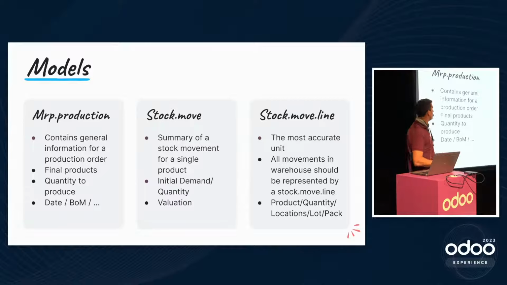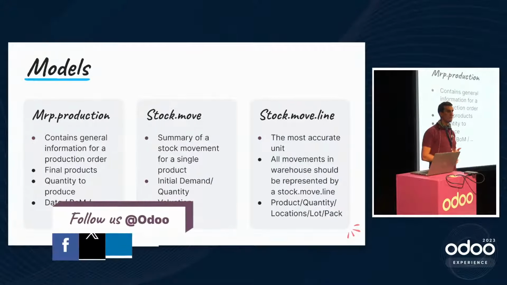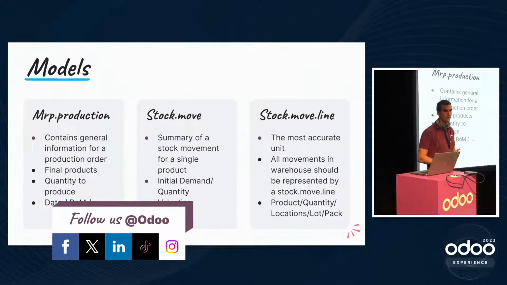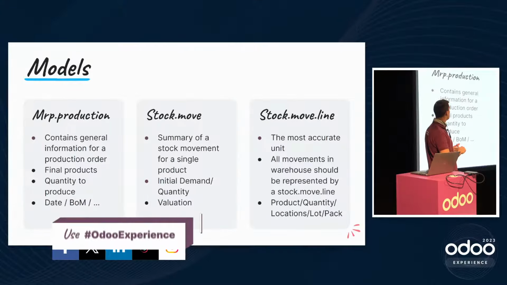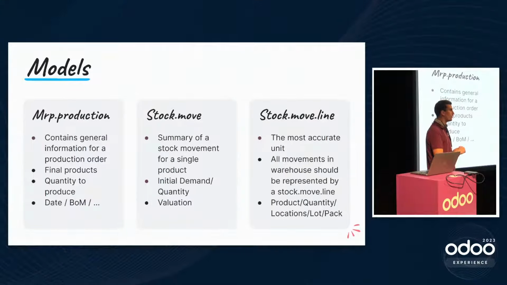Now, there is not only picking in the inventory. You also use a manufacturing order. You could use a repair order. But it's only the top layer that changes. So we will keep the stock move and the stock move line, but we just replace the top layer. Here, instead of the stock picking, we will use the manufacturing order.